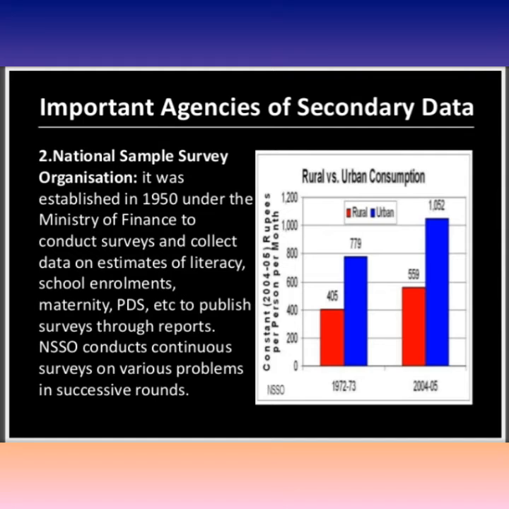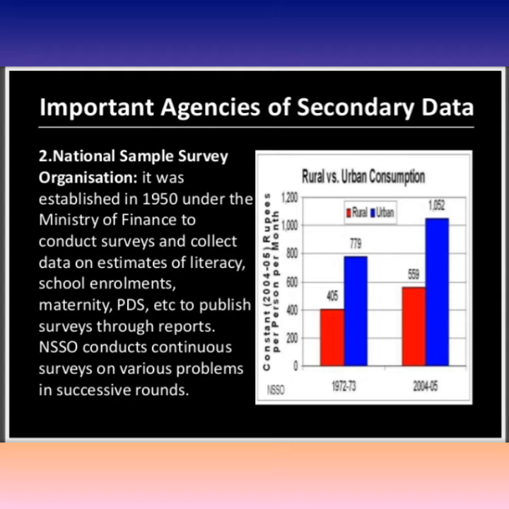NSSO conducts continuous surveys on various problems in successive rounds. This is the second important agency of secondary data. So these are the two important agencies, the Census of India and the National Sample Survey Organization. These are the sources of collecting secondary data.